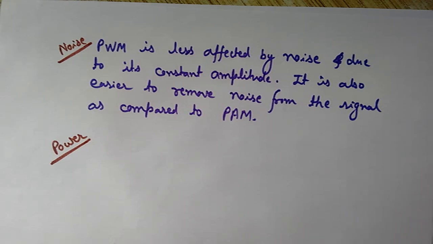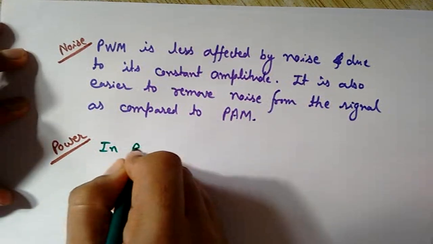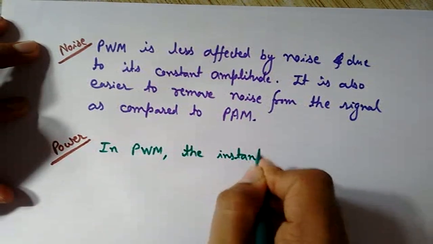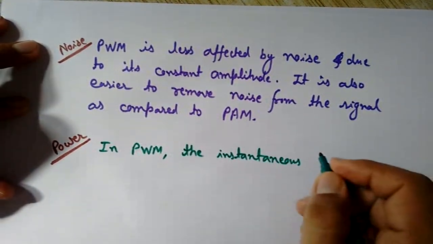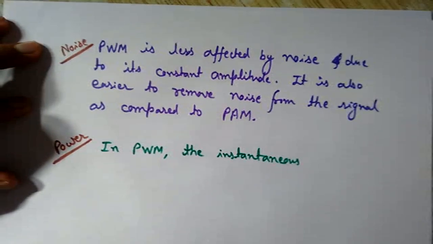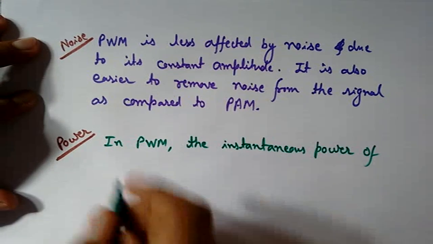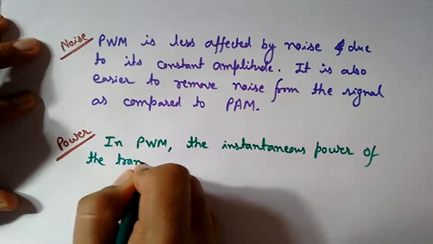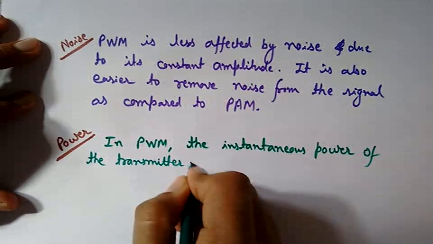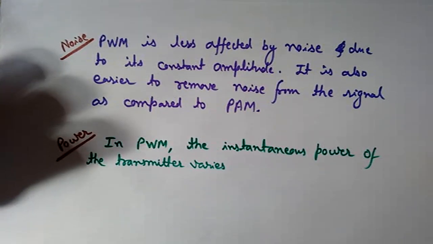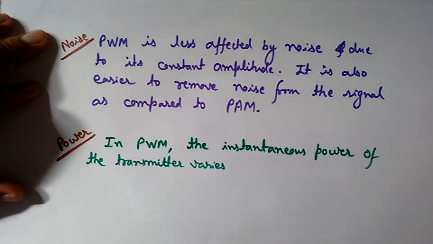Okay, so let me write it, that in PWM the instantaneous power of the transmitter varies, and this power variation is due to change in amplitude.